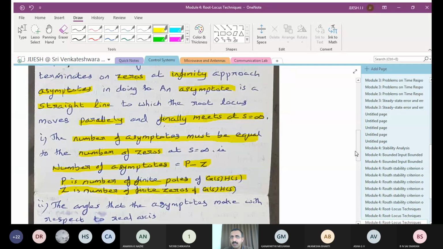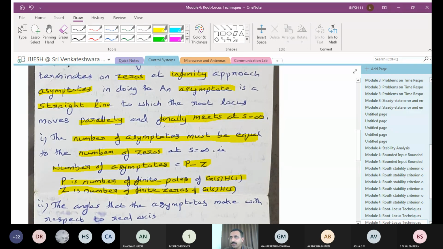As per the problem you have to solve, based on the number of poles and zeros, your number of asymptotes will change accordingly. In some cases 1 or 2 asymptotes will be there, in some cases 2 or 3. It depends on the problem, and we find how many asymptotes there are using the equation P minus Z. So let me go further.